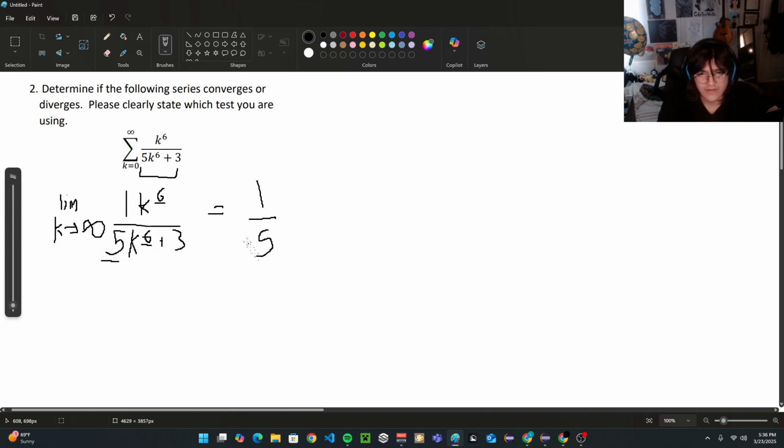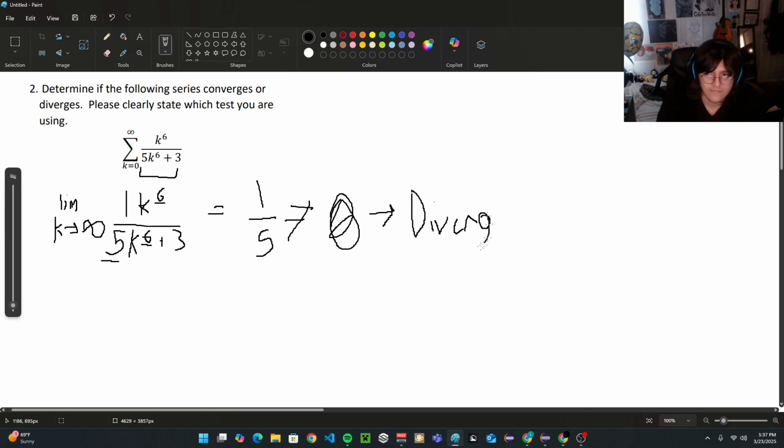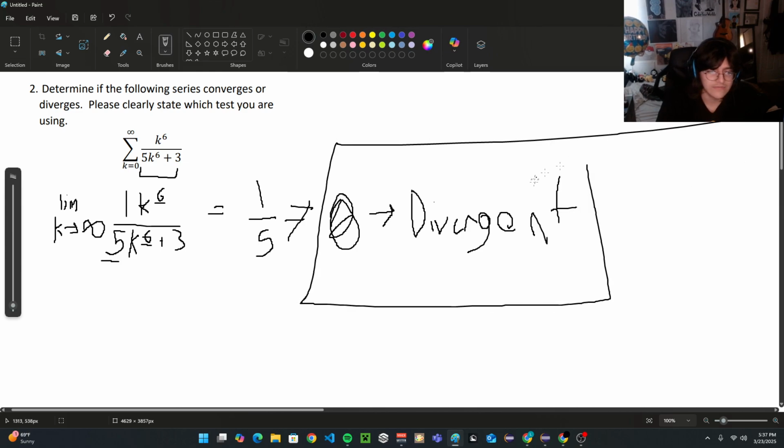So you divide them, so it's 1 over 5, and this does not equal 0, which tells us that the series is divergent. And that's the answer to number 2, and we're using the divergence test.